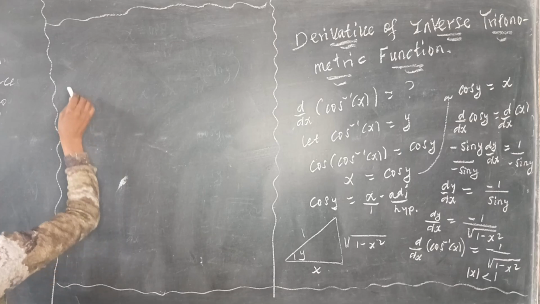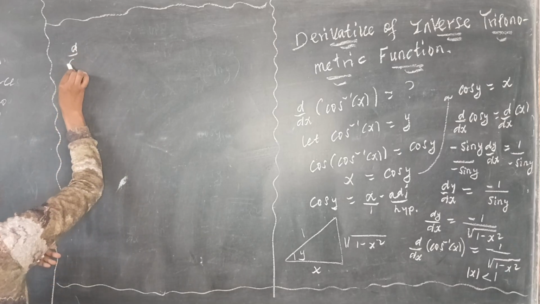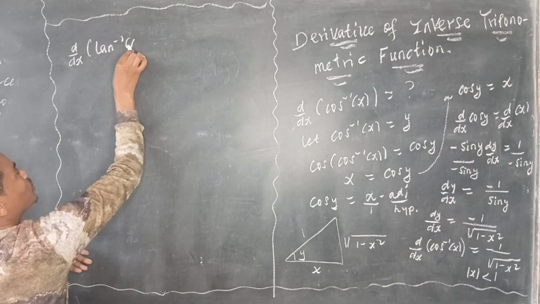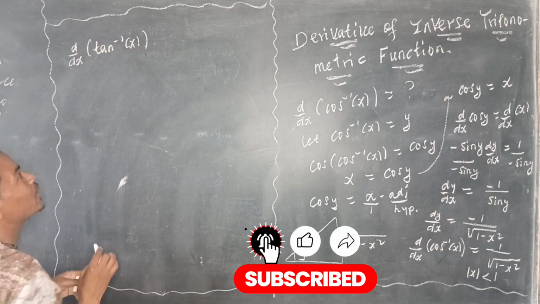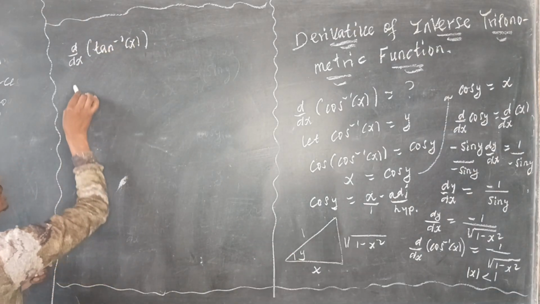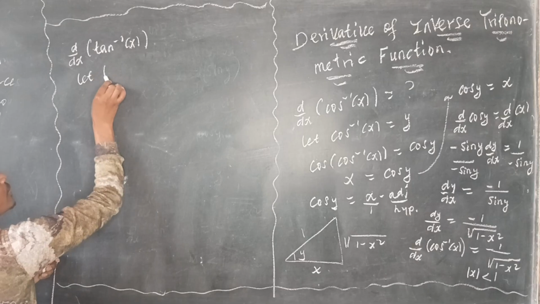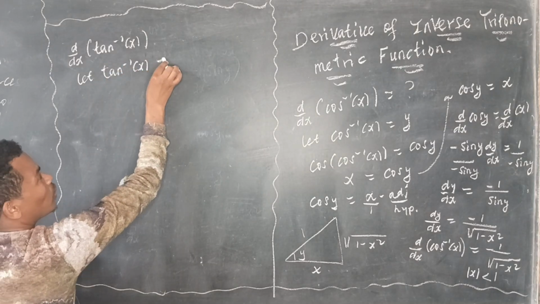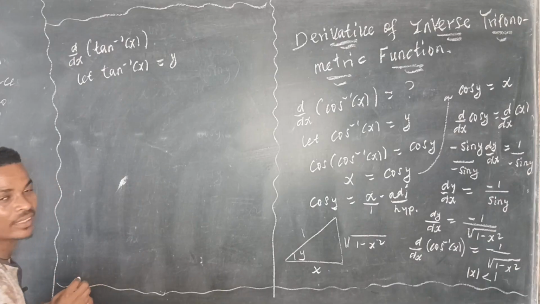The third one is the derivative of tan inverse of x. Again, we apply the same technique. Let tan inverse of x be equal to y.